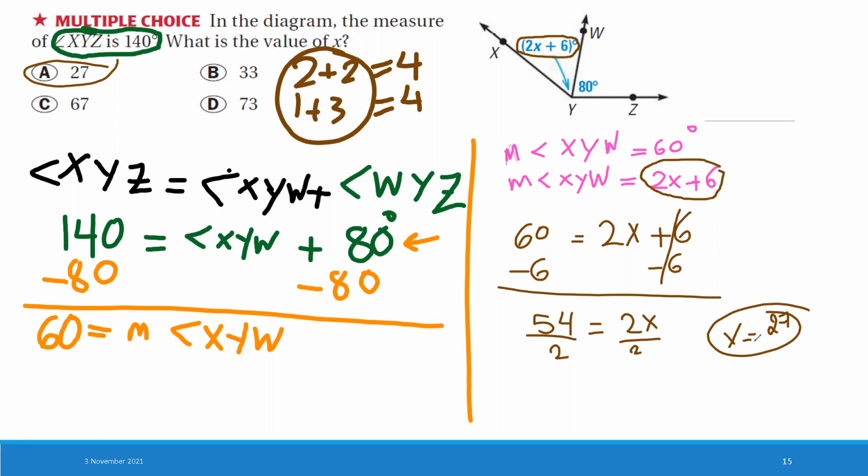Yes, because we have 4 in both situations. Here XYW is 60 and XYW is 2x plus 6. So can I say that 2x plus 6 equals 60?